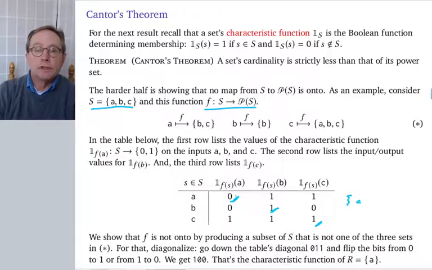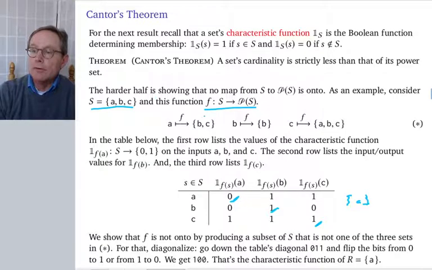So the characteristic function of the set I'm producing is yes, going to contain an A; no, not going to contain a B; and no, not going to contain a C. Okay? So I'm going to produce here the set R, which just contains an A.